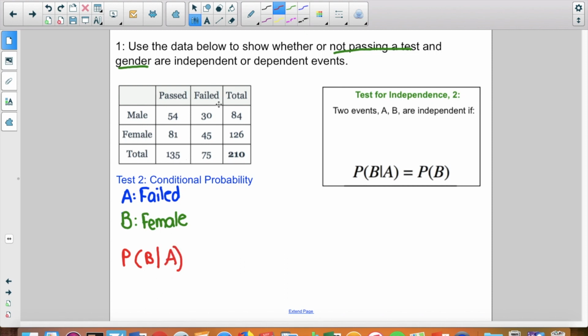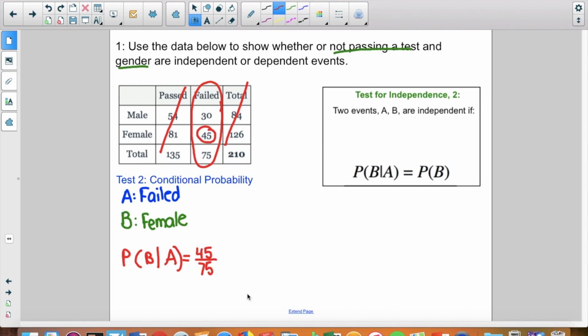Failed is our given, which means we circle this. We know they had to fail the test. We don't care about passed, we don't care about the total. We only care about what's circled here. The letter B represented females, so we circle the female number. To find the probability, this becomes 45 over our total of 75.